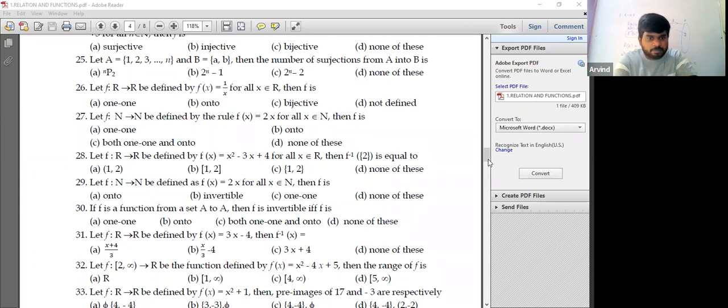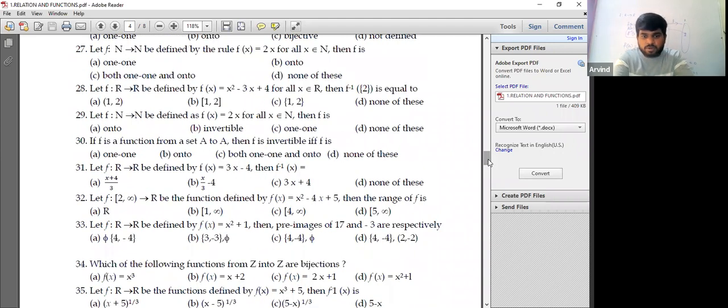Question number 33. f is a function from R to R defined by f of x equal to x square plus 1, then the pre-images of 17 and minus 3 are respectively. They have asked for f inverse of 17 and f inverse of minus 3 as pre-images.